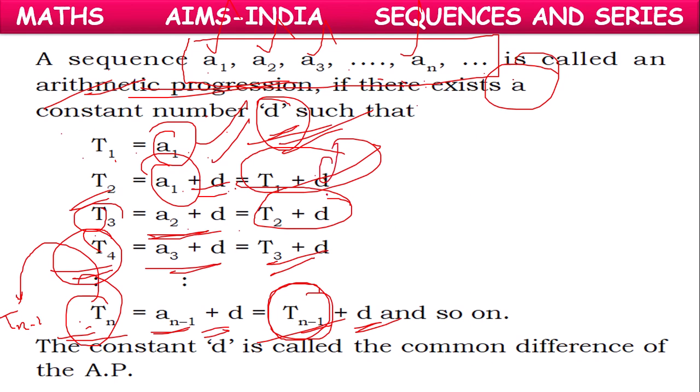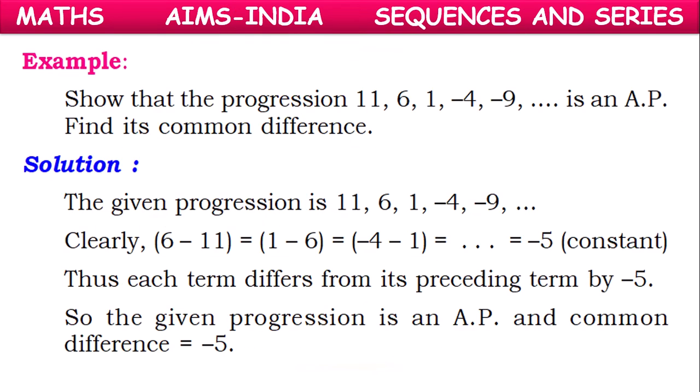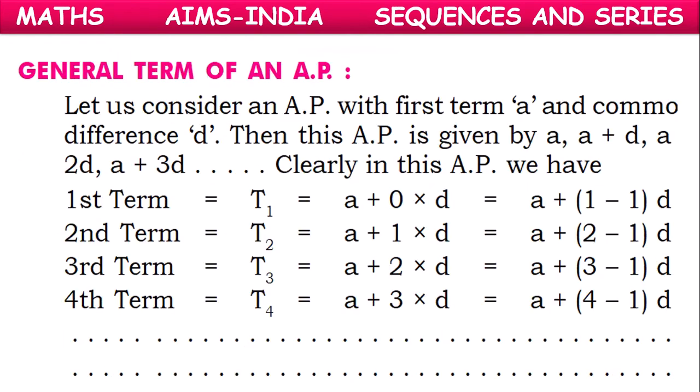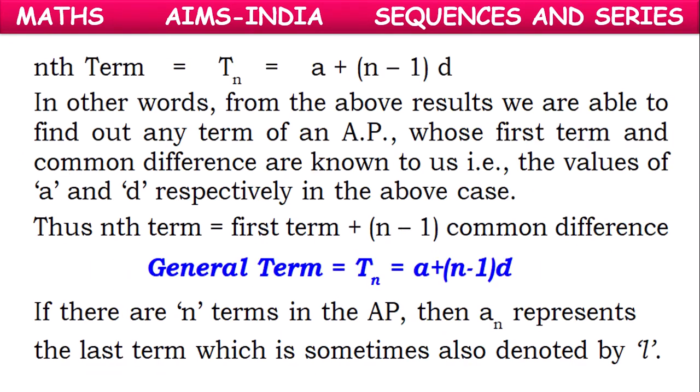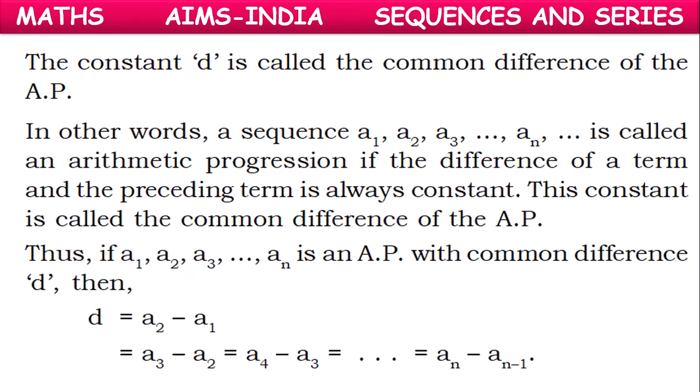So here this D is called the constant number, and it is called the common difference in the AP. The constant D is called the common difference of the AP.